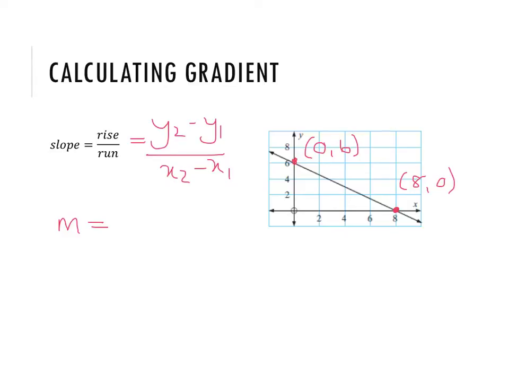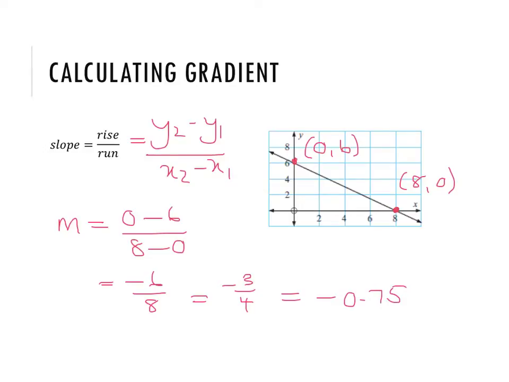So y2 would be 0 minus y1, 6, divided by 8 minus 0 for our x coordinates. And so here we get negative 6 over 8, and that will cancel down to negative 3 on 4, or negative 0.75.